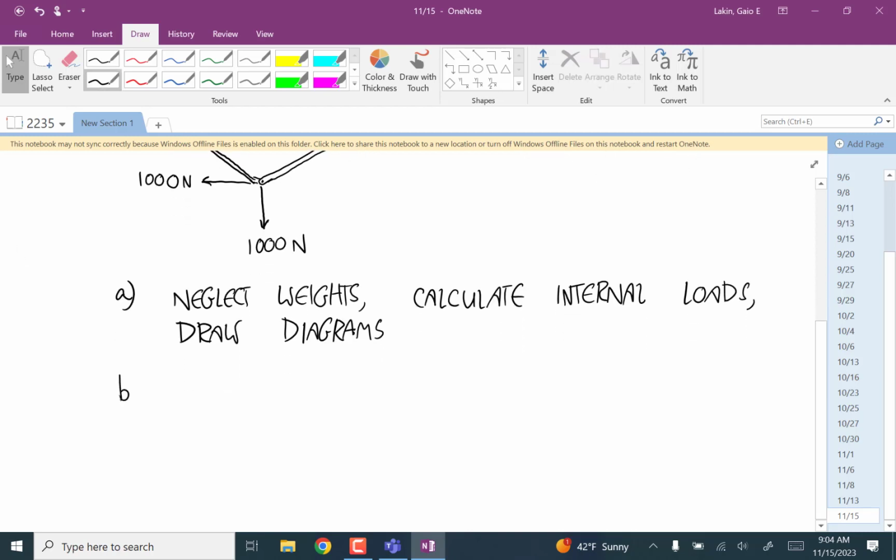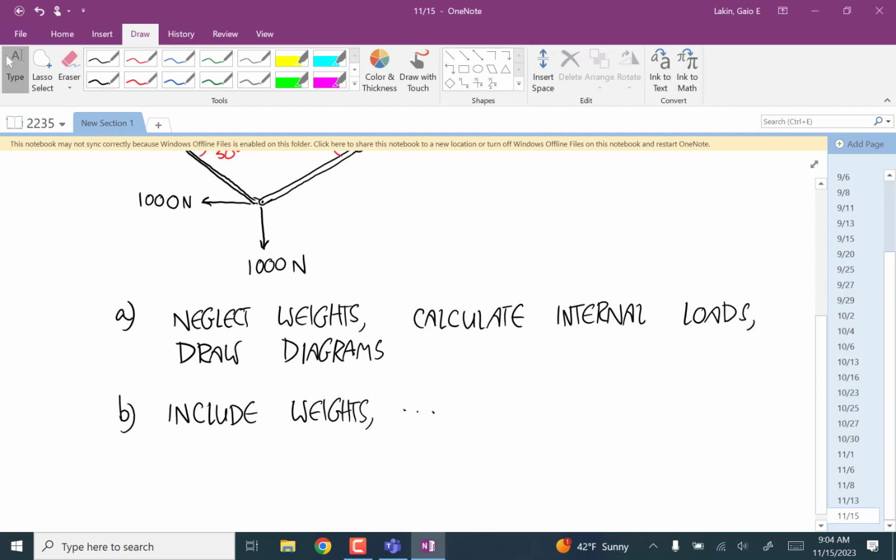And then second, we're going to include the weights and do all that same stuff.